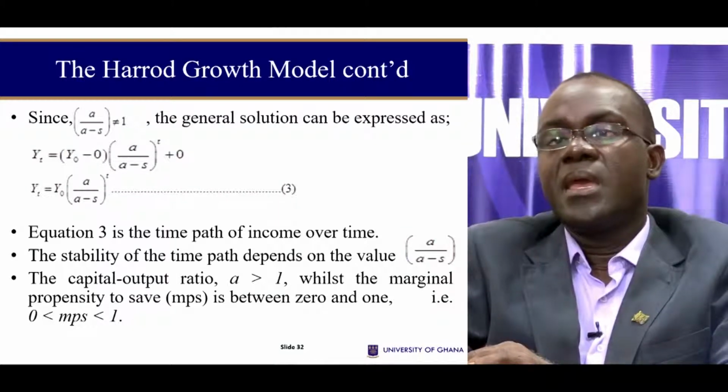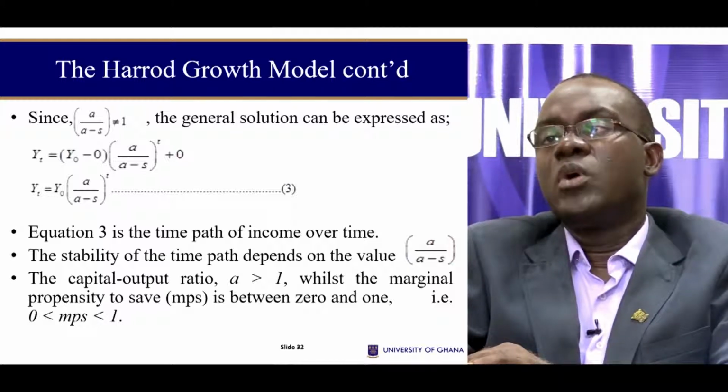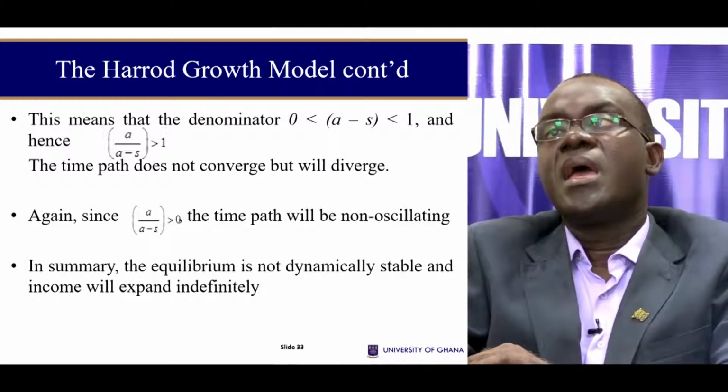And you know that the marginal propensity to save is a fraction. So what we have standing here is smaller than what we have standing here, so the whole ratio will be greater than 1.